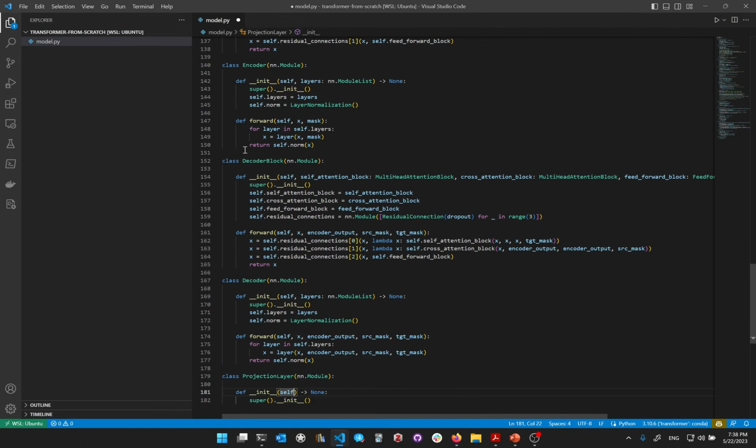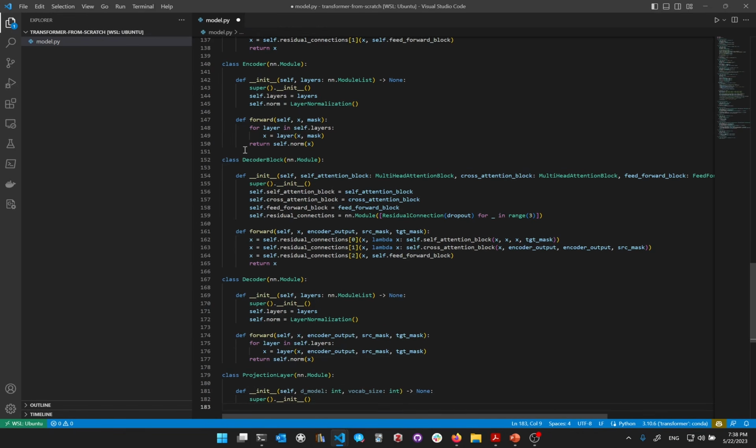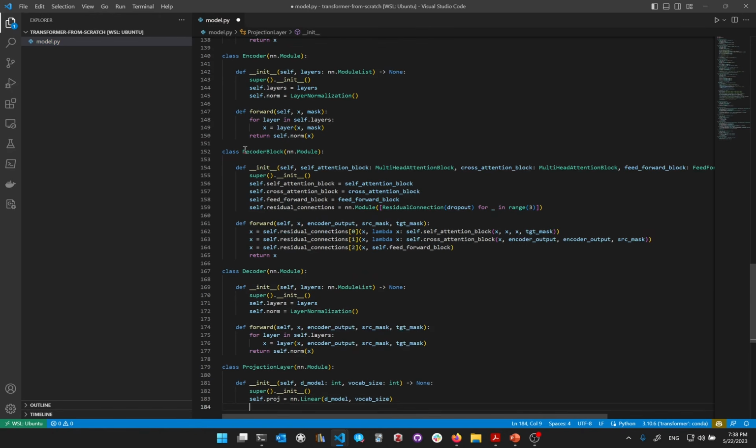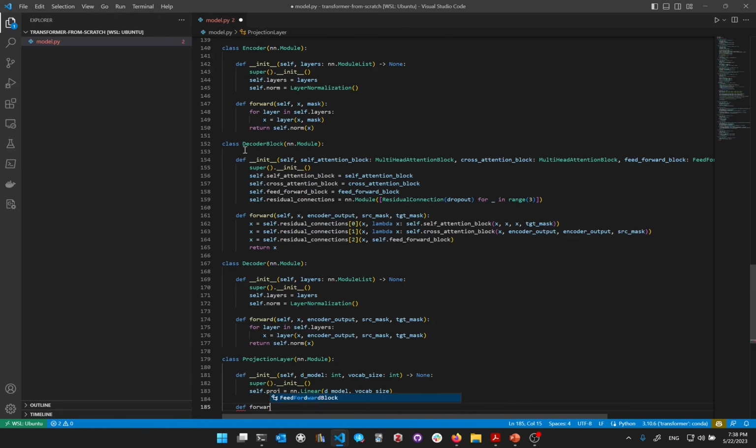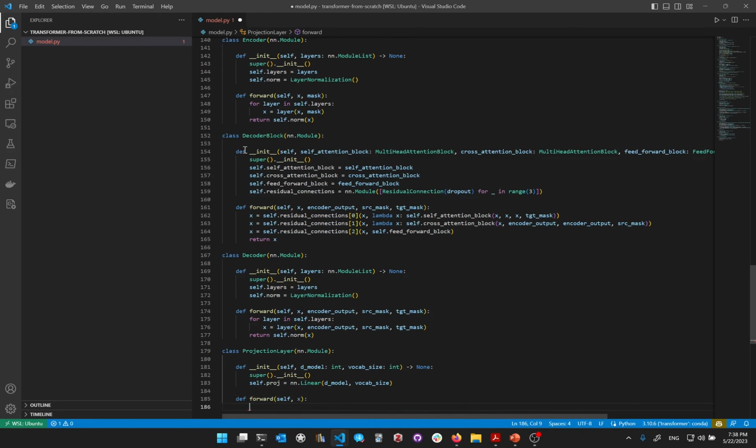What we need for this layer is the D model, which is an integer, and the vocabulary size. This is basically a linear layer that is converting from D model to vocabulary size. So self.projection layer is... let's define the forward method. Let me write a little comment.